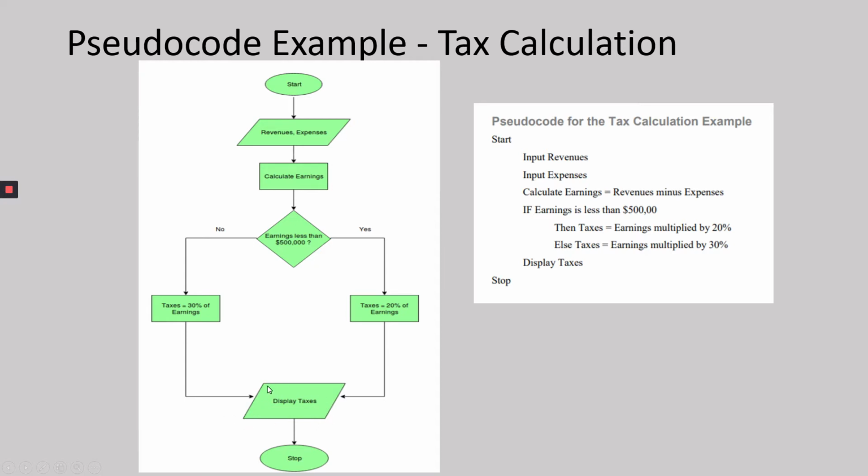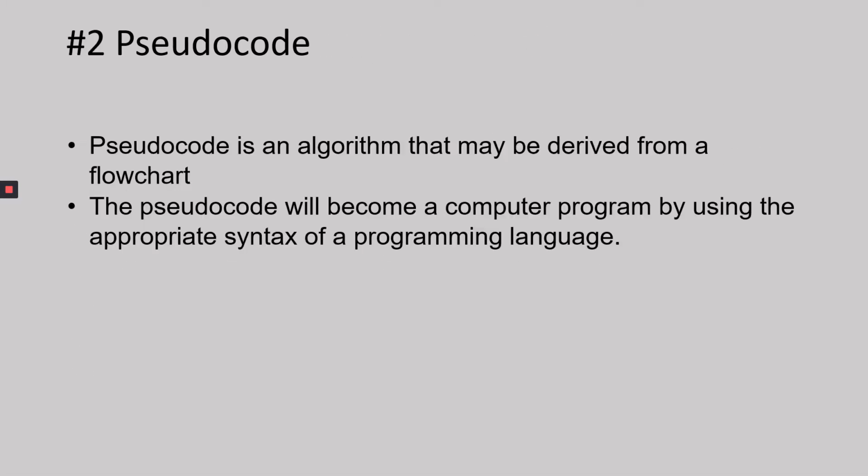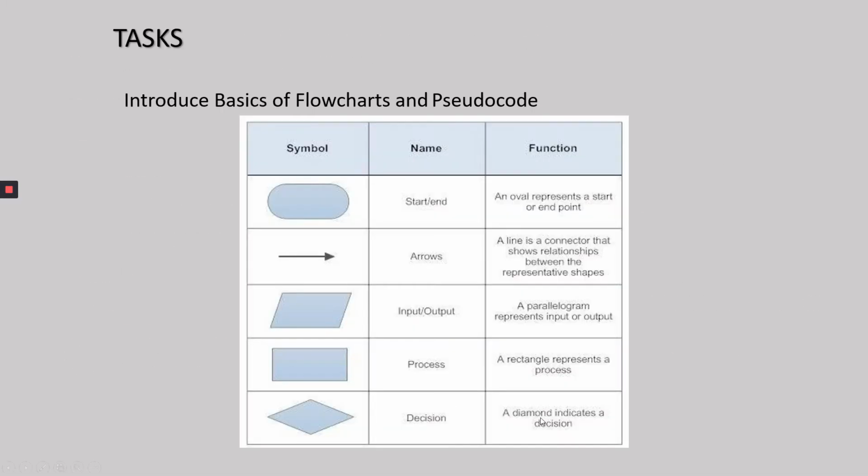The function of this one is different from the one at the top, because the one at the top just takes data, but the one at the bottom displays the final result. So the parallelogram has two purposes: the first is that it takes input, and the second is that it outputs the final display. Okay, this is a parallelogram.